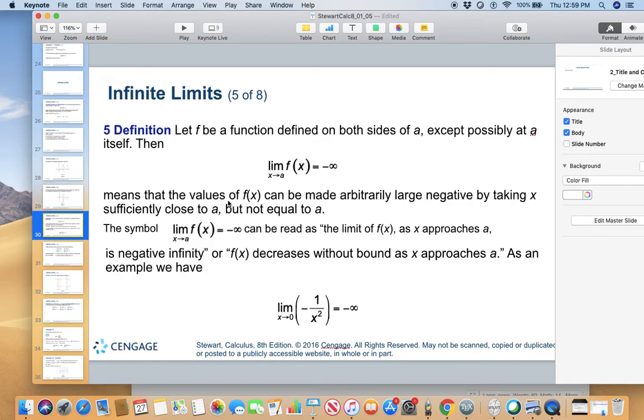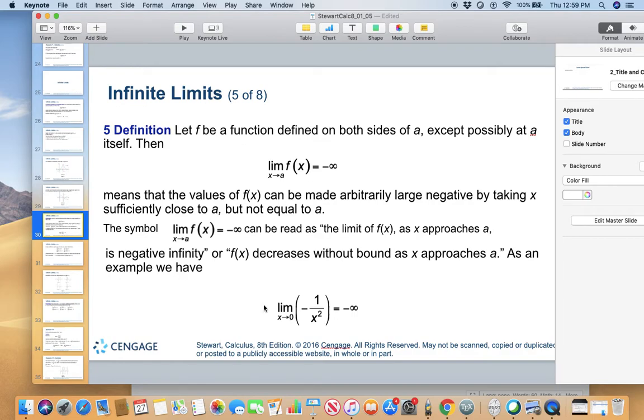This means that the values of f(x) can be made arbitrarily large negative by taking x sufficiently close to A but not equal to A. The symbol is read limit of f(x) as x approaches A is negative infinity. So f(x) decreases without bound, it keeps going down.